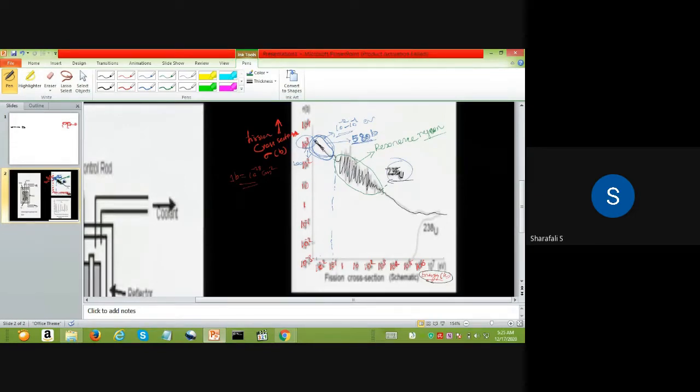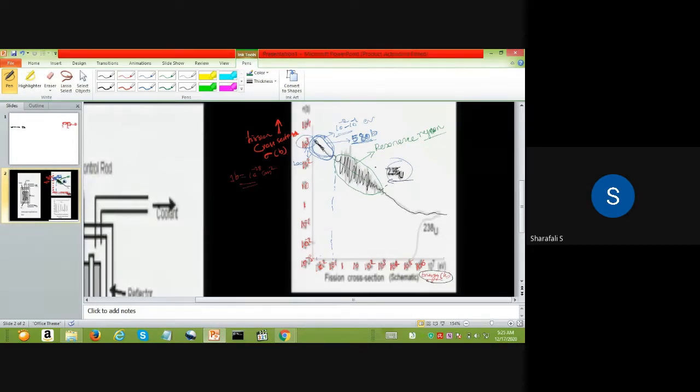This region, which shows the up and down action of the fission cross section, is called the resonance region.